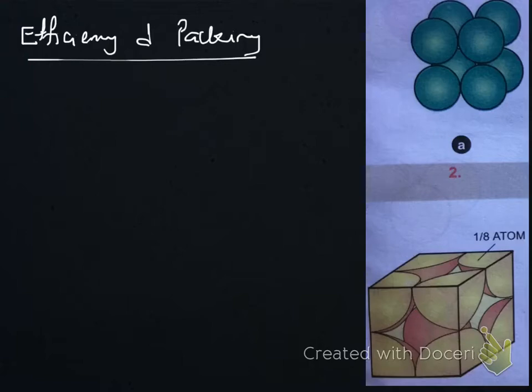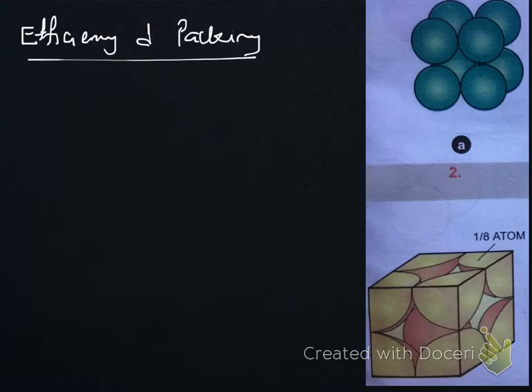We have simple cubic system, face-centered cubic system and body-centered cubic system. FCC, in some way we can call it as CCP, cubic close packing, that you have studied in one of the previous class, CCP arrangement.